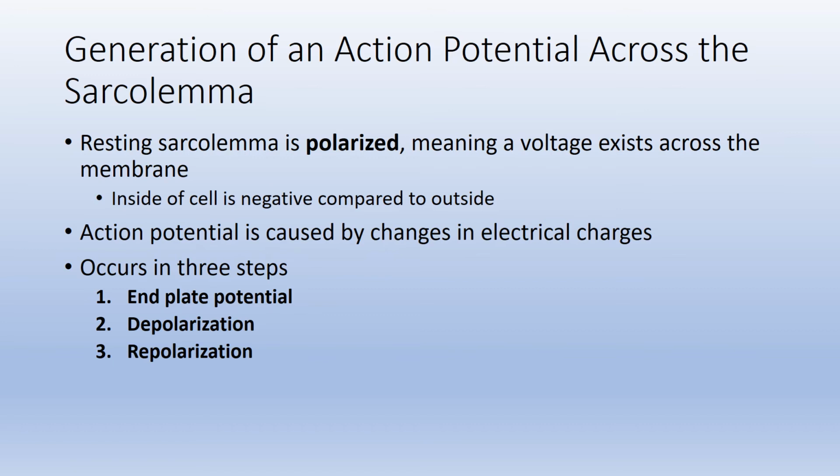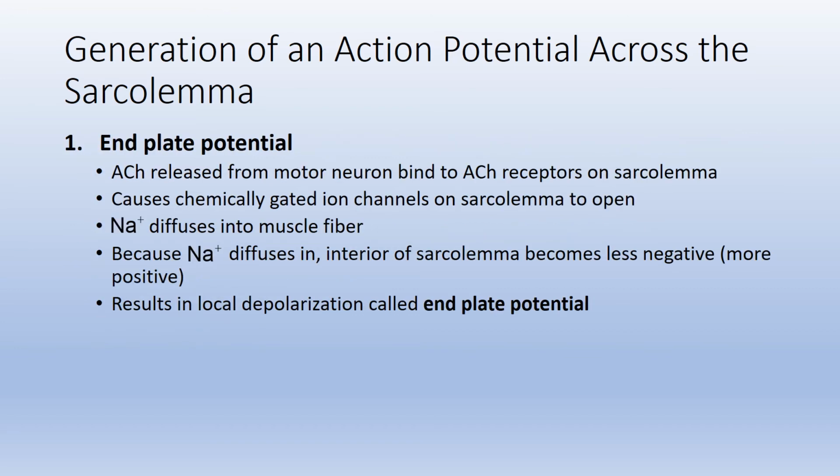We will see 3 steps in order for us to generate this electrical current, which we will now call an action potential. We have the end plate potential, depolarization, and repolarization. In order for us to generate an action potential, we first need to have an end plate potential.